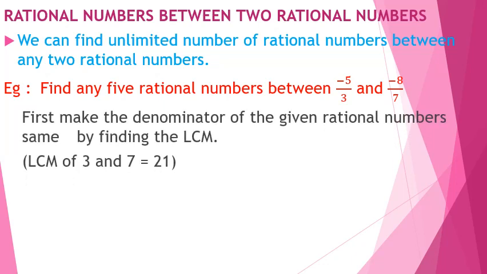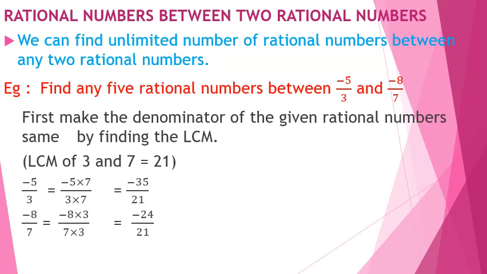Here, first make the denominators of the given rational numbers the same by finding the LCM. LCM of 3 and 7 is 21. So minus 5 by 3 will be equal to minus 35 upon 21 and minus 8 by 7 equal to minus 24 upon 21.